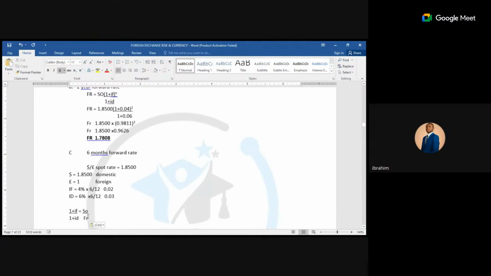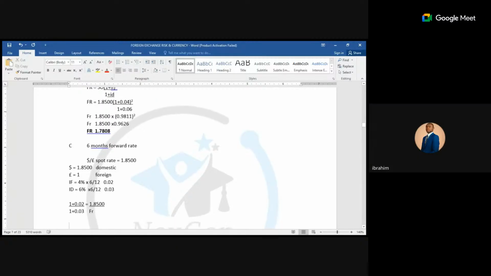What will be our forward rates? Forward, this is 0.02. This is 0.03. What is the spot rate? This is 1.8500.